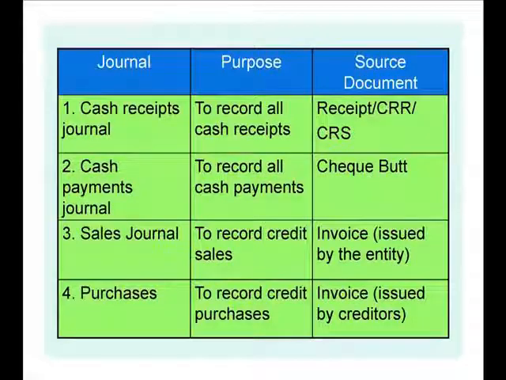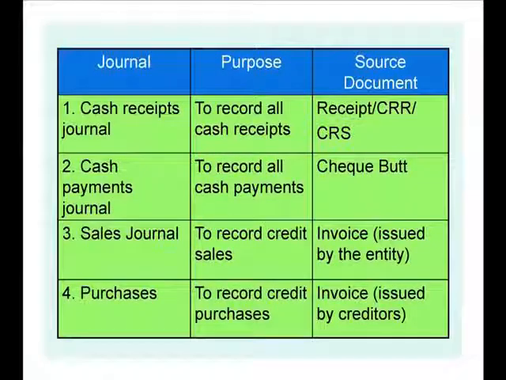Then the next one, the fourth journal, is purchases journal. The purpose of purchases journal is to record credit purchases. We purchase goods on credit, and the source document is again invoice. But this particular invoice is issued by the outsiders.